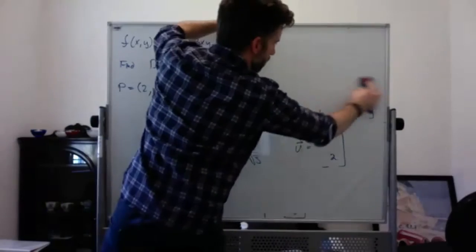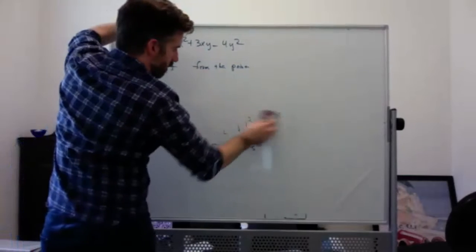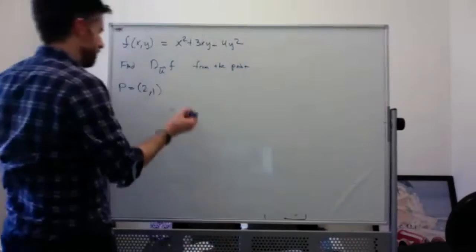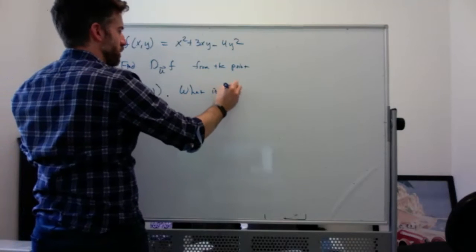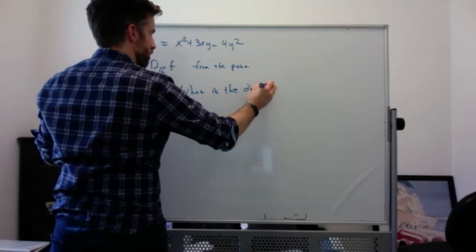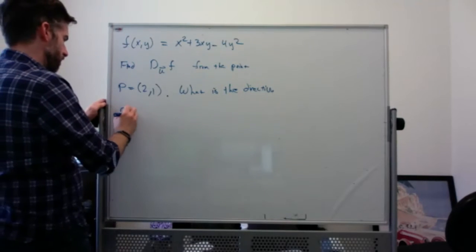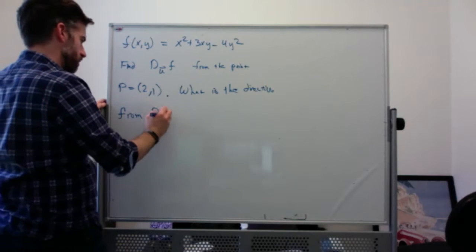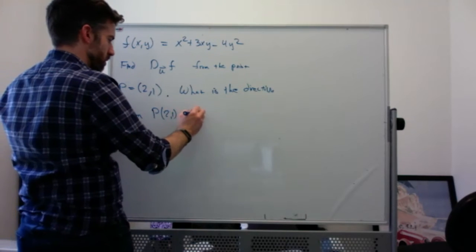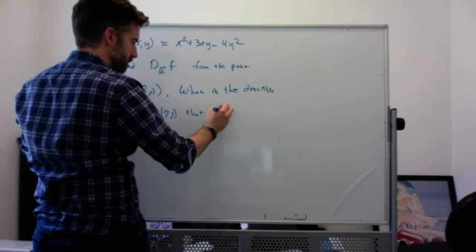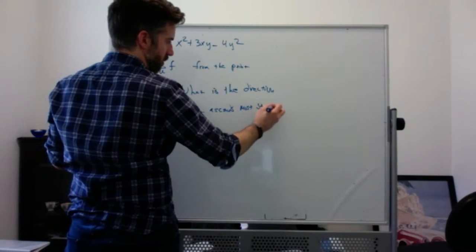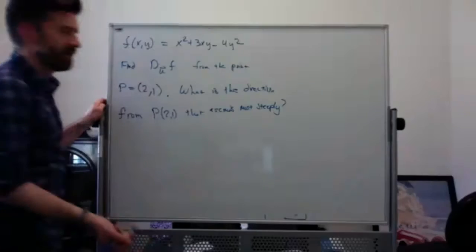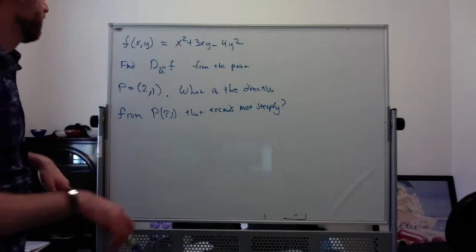I shouldn't erase those at all. So the question we want to answer is, what is the direction from this point that ascends most steeply? Which is the dumbest way I probably ever said it. We usually say, what's the direction of steepest ascent?